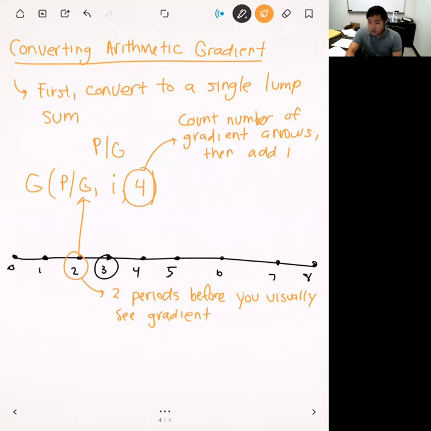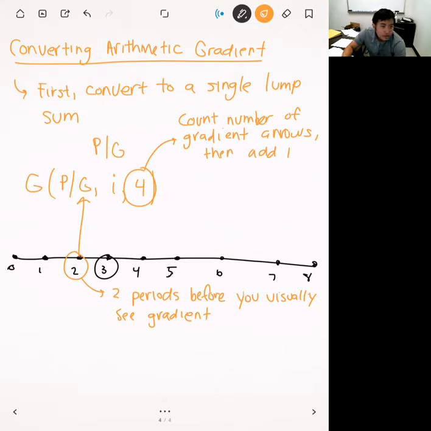So this is another tricky part to working with gradients and in cash flow conversions, right? Because you have to go kind of 2 years before you actually see it. Okay. Because then the year before you start seeing the gradient is the blank year, and then the present day value is actually a year before that. Okay. And so I think this is probably the mistake I saw the most in homework 2 when I was grading it. So, make sure you know how to do this.